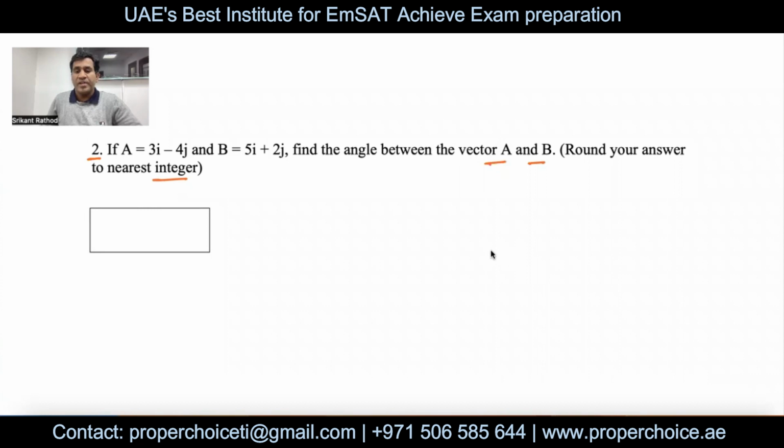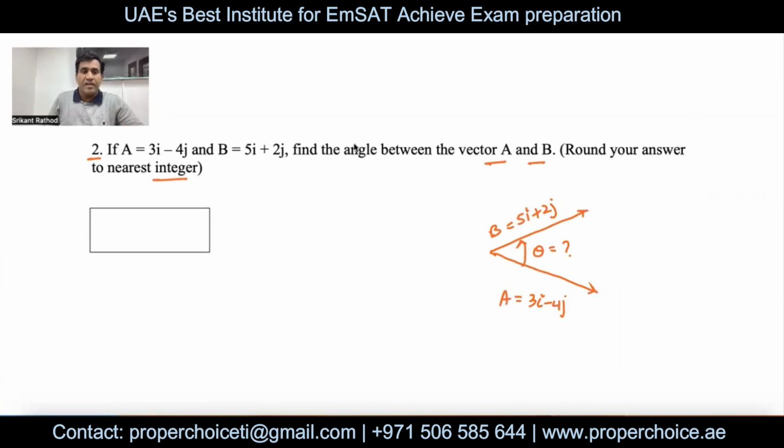Let me show you in a rough way. Let's take this as the vector b whose value is given as 5i plus 2j, and a is another vector which is written as a equals 3i minus 4j. Now the question is asking us, if a and b are the two vectors, find the angle between them. What will be the value of theta? Also round your answer to the nearest integer.